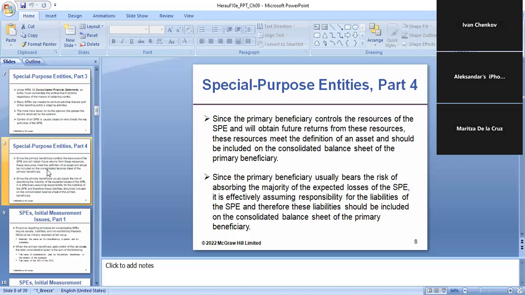Since the primary beneficiary usually bears the risk of absorbing the majority of expected losses, the liabilities carried by the special purpose entity should therefore be included on the consolidated balance sheet. So whatever the special purpose entity owes will be reflected on the consolidated financial statements of the sponsor in this case.